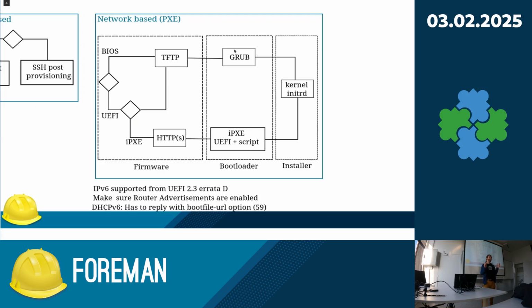So the main problem is with DHCP and identifying your machine. That's where the device UID is actually important. But for the provisioning itself, you don't necessarily need the UUID of a device that will be used later on.